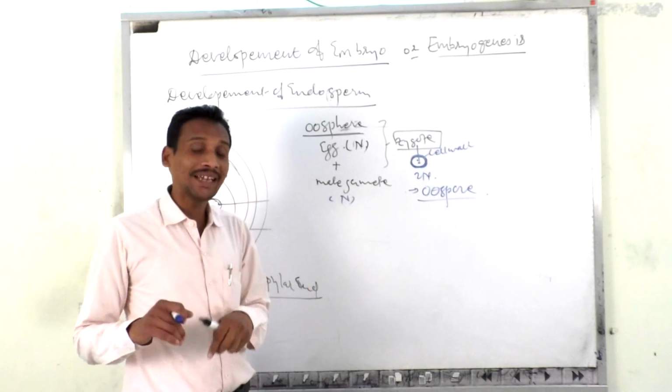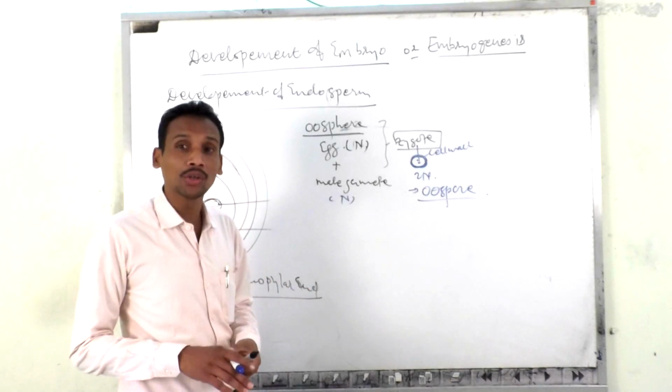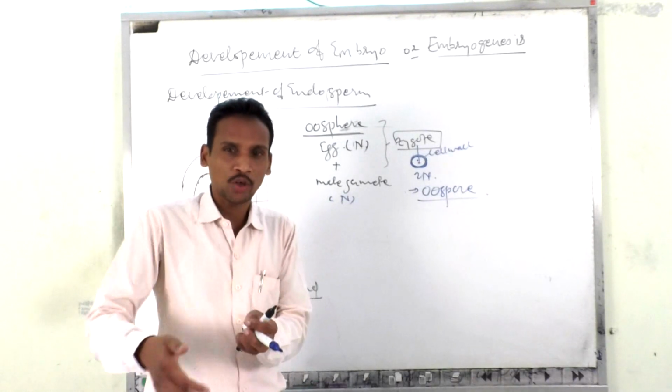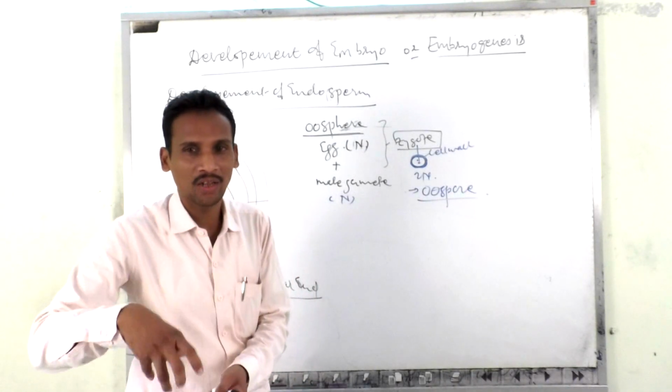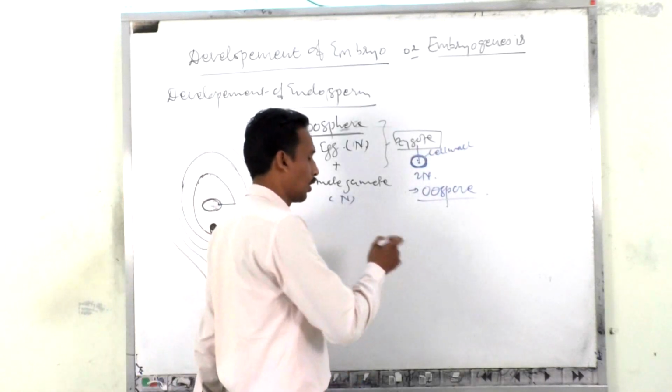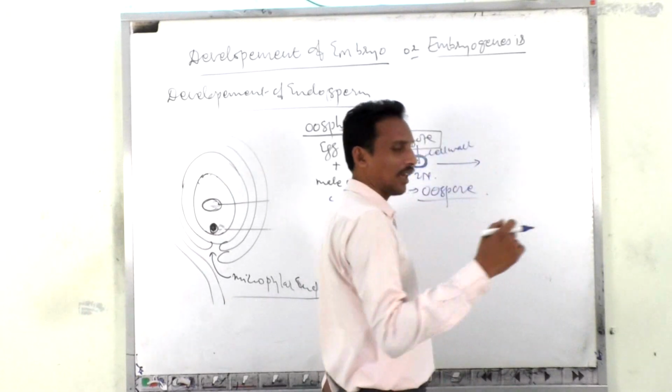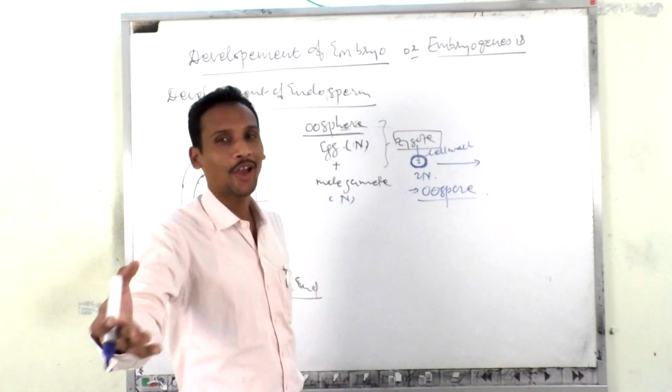First of all, the zygote gets converted into the oospore, and the oospore is a single cell. Simply it is a zygote, but over it there is a formation of cell wall, and that structure we call the oospore. Now, from this oospore, the process of formation of embryo is started.